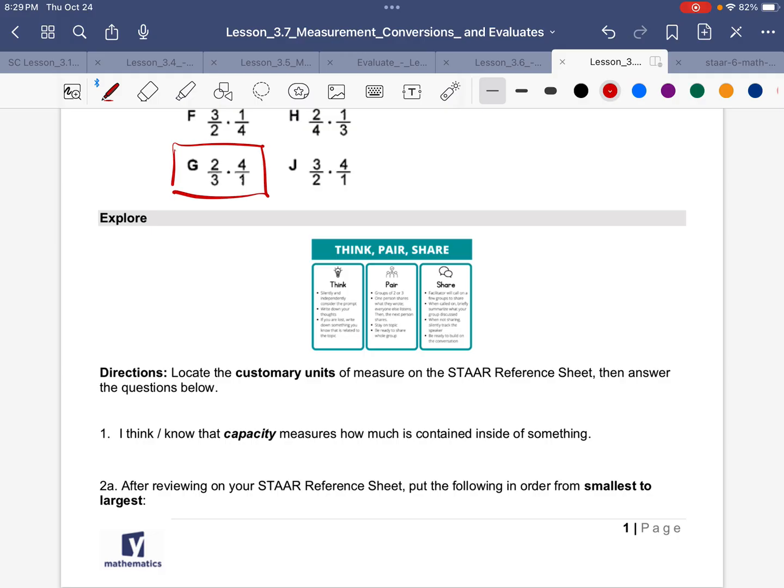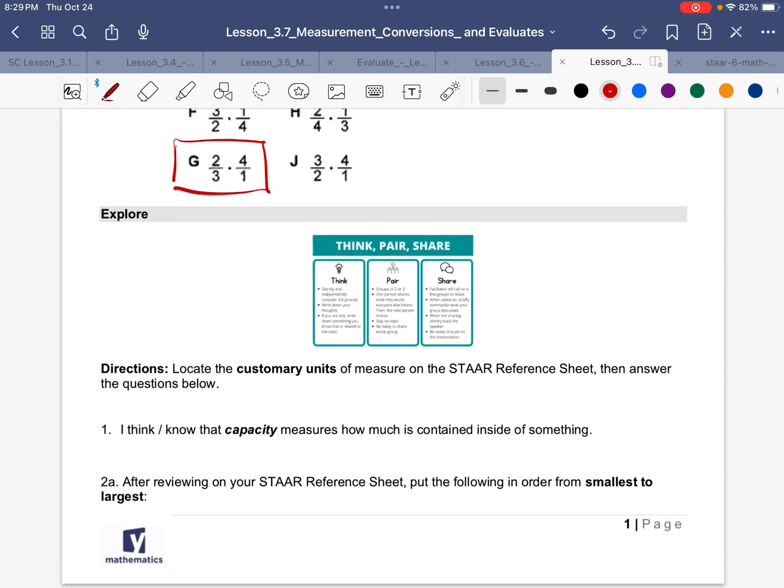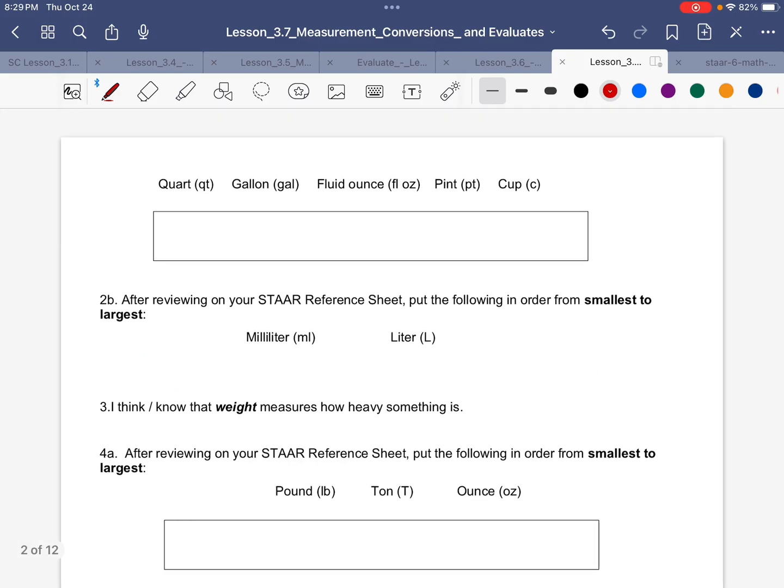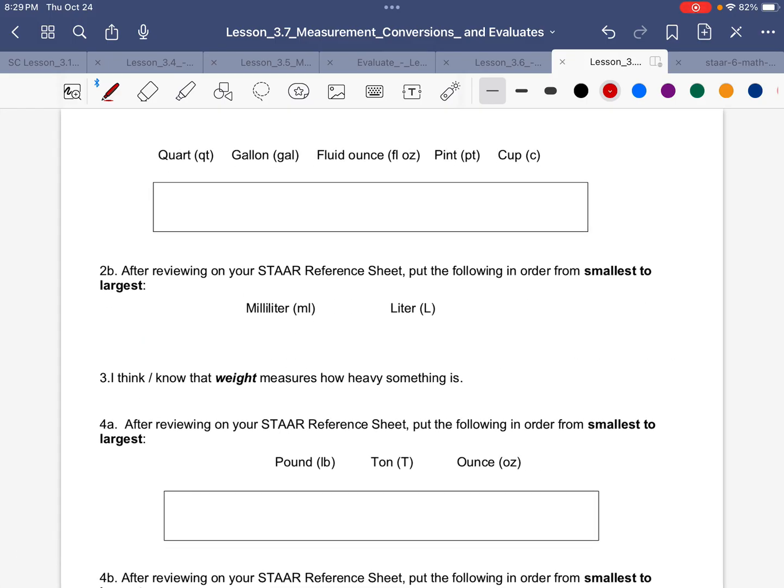Number 1 says, I know that capacity means how much is contained inside of something. So after reviewing on your STAR reference sheet, put the following in order from smallest to largest. So we're going to be trying to order these: the quarts, gallons, fluid ounces, pint, cup.